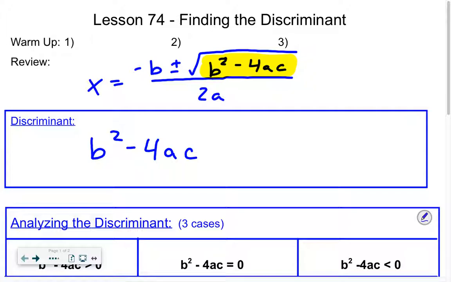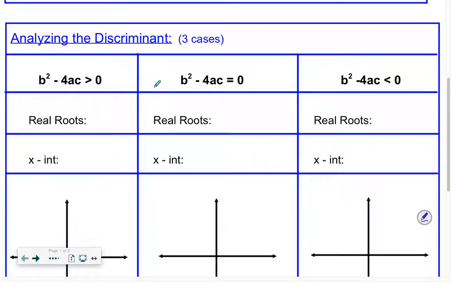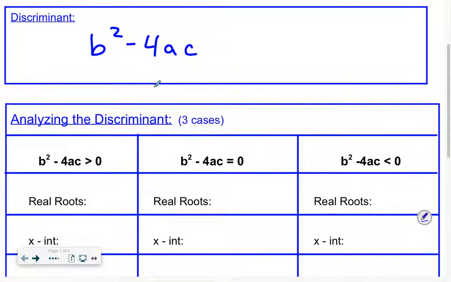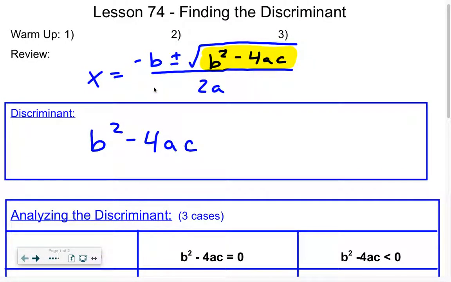So what we start to create is a couple of different scenarios. And this would be a nice chart to be able to put in your notes. If we find out that b squared minus 4ac happens to be greater than 0, which means we have a positive value, and we go back and look at our quadratic formula, we know that we're going to end up with this plus or minus.